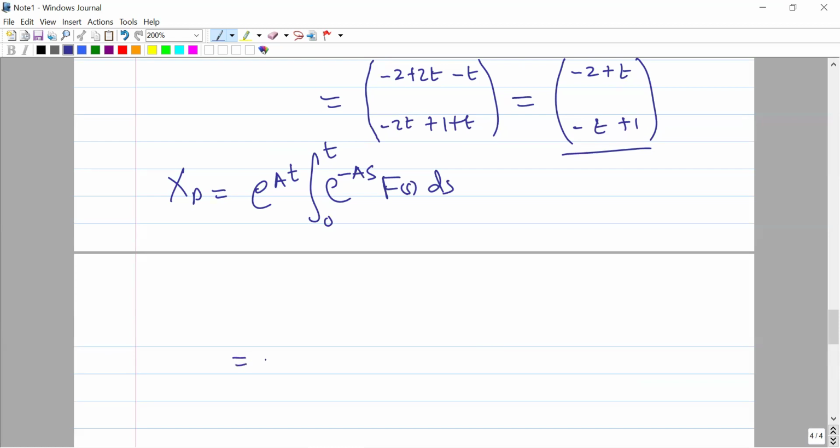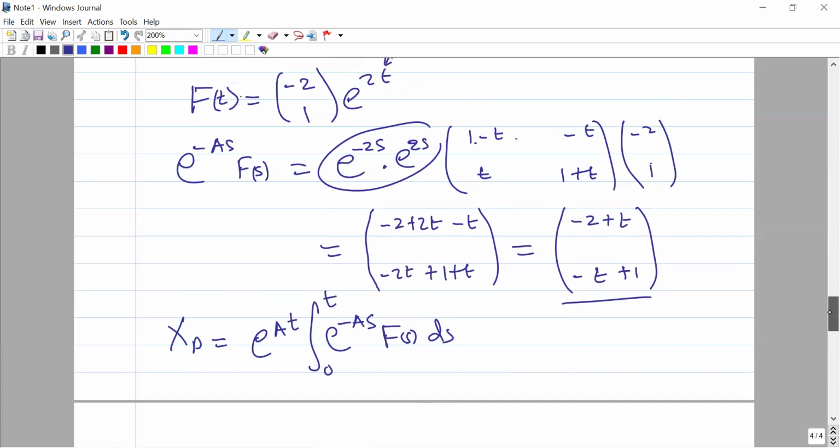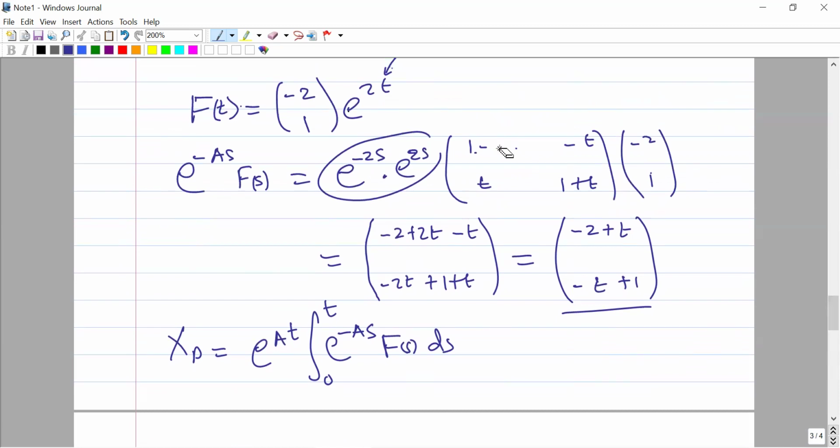So this is e to the power at times the integral from 0 to t of minus 2 plus t. Okay, why were we using t here when we were supposed to use s? This was supposed to be s because we were dealing with s there. So everywhere there's t, we put s.